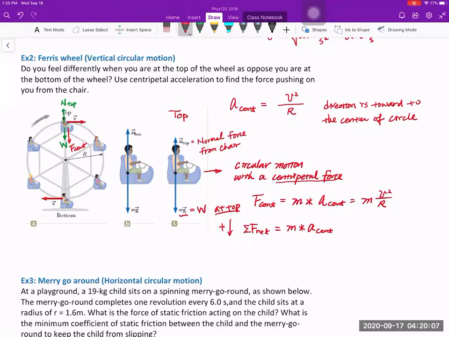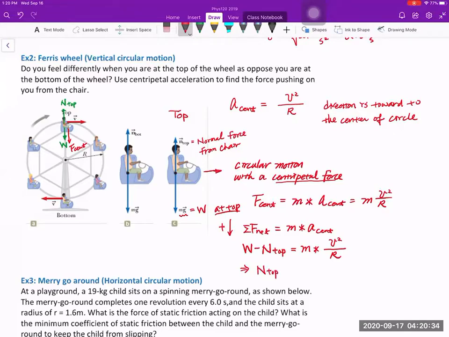And what's the net force? Going toward the center to be positive, that's going to be W minus your N at the top. And that's equal to your mass times this acceleration, where this acceleration is V squared over R. If I reorganize this, I just want to know how I feel.